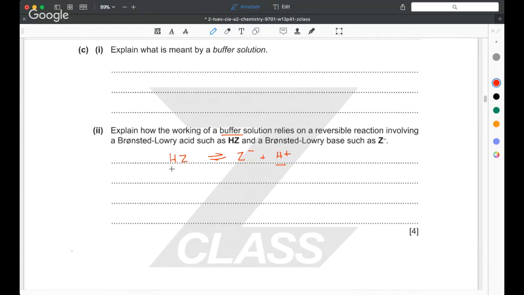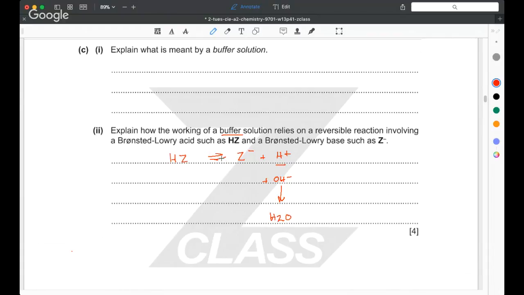And in that way, the solution is buffering against the acid that's been added. And if you add alkali, well, then the hydrogen ions there and the alkali that you've added just neutralize and make water.